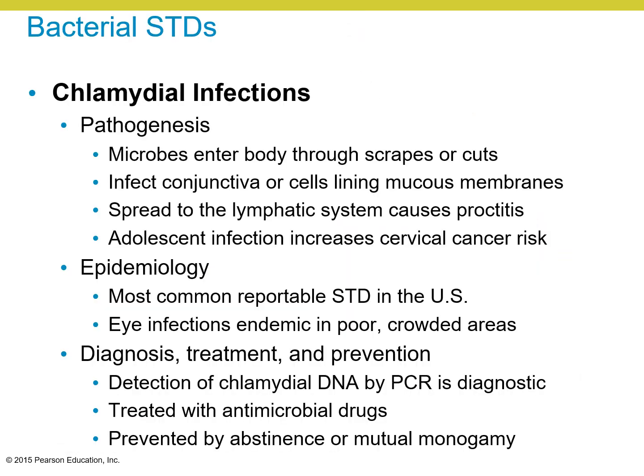Okay, when it comes to the infections, the pathogenesis itself, Chlamydia trachomatis enters the body through scrapes and cuts and infects cells of the conjunctiva or cells lining the mucous membrane of the trachea, bronchi, urethra, ureters, uterine tubes, anus, and rectum. Typically, the lesion at the site of the infection is overlooked because it is small and painless and heals rapidly.